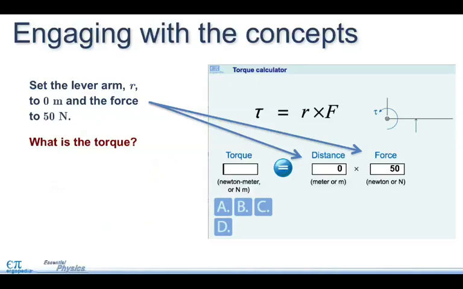So for this one, set the moment arm to 0 and set the force to 50 newtons. What would the torque be? Pause playback to work the problem with the calculator.